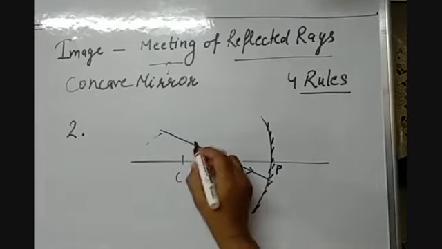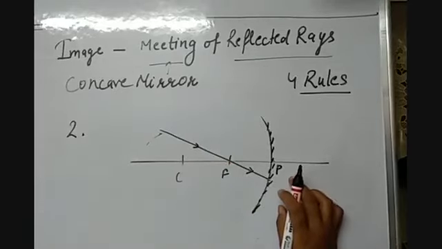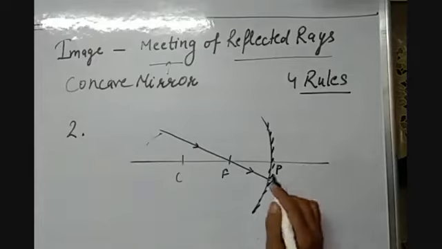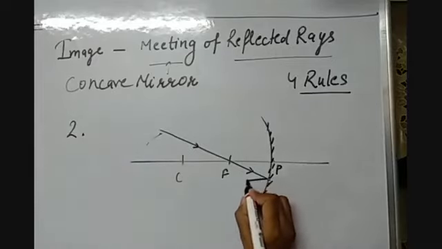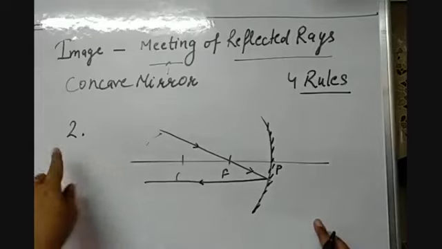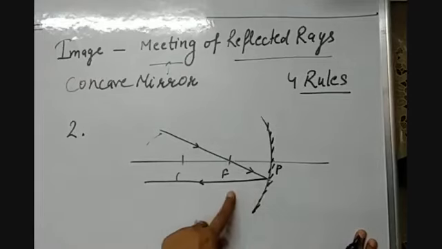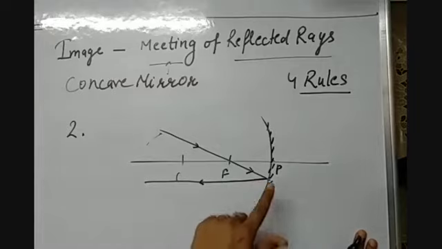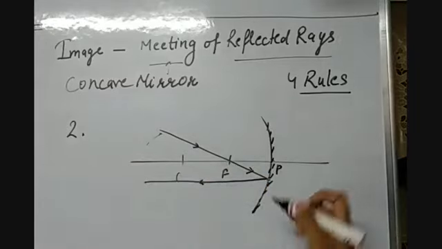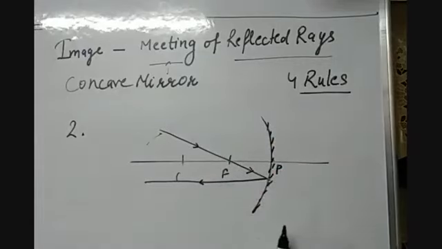So this incident ray is coming through the focus and is incident on the spherical mirror. Now after reflection it will go parallel to the principal axis. This case is just opposite to the first one. Earlier the incident light was coming parallel to the principal axis and after reflection it was going through the focus. Now the light ray is coming from the focus and after reflection it goes parallel to the principal axis.